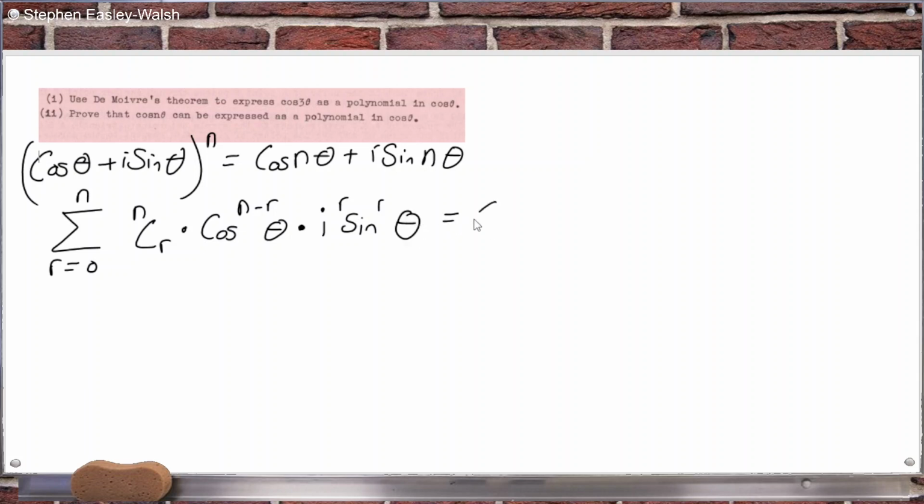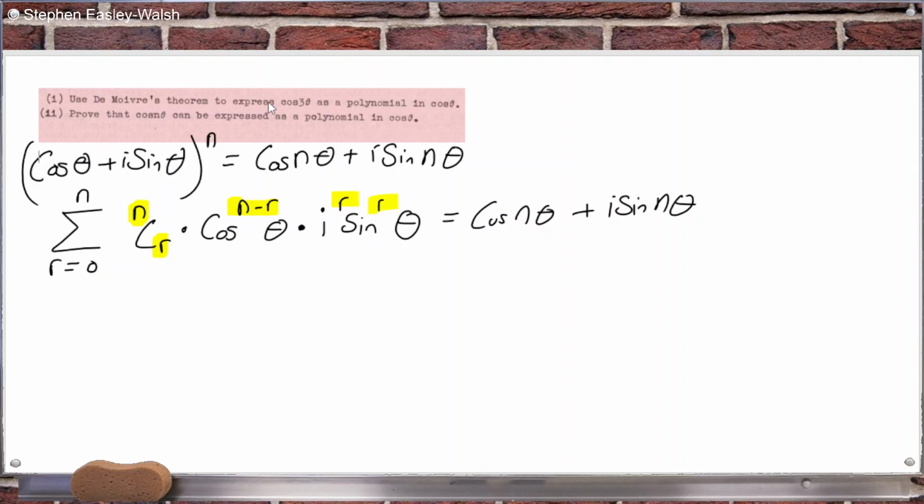That's equal to cos n theta plus i sine n theta. Let's just double check that. That's definitely an n, and that's the r that goes 0, 1, 2, 3, 4, 5 up to n. And this one here, I like to start from n, so n minus 0, yeah. And this one starts from 0, so that looks okay.